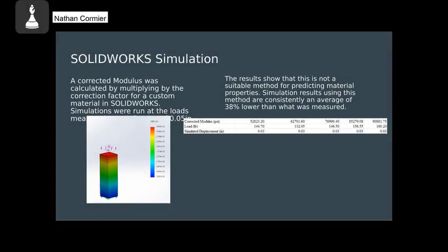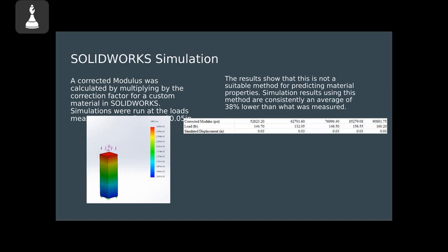We then used this correction factor to see if SolidWorks was able to properly predict the deflection of a compressive load. So we took the initial modulus and applied that correction factor to get a corrected one for a non 100% infill material with whatever infill we wanted to run.